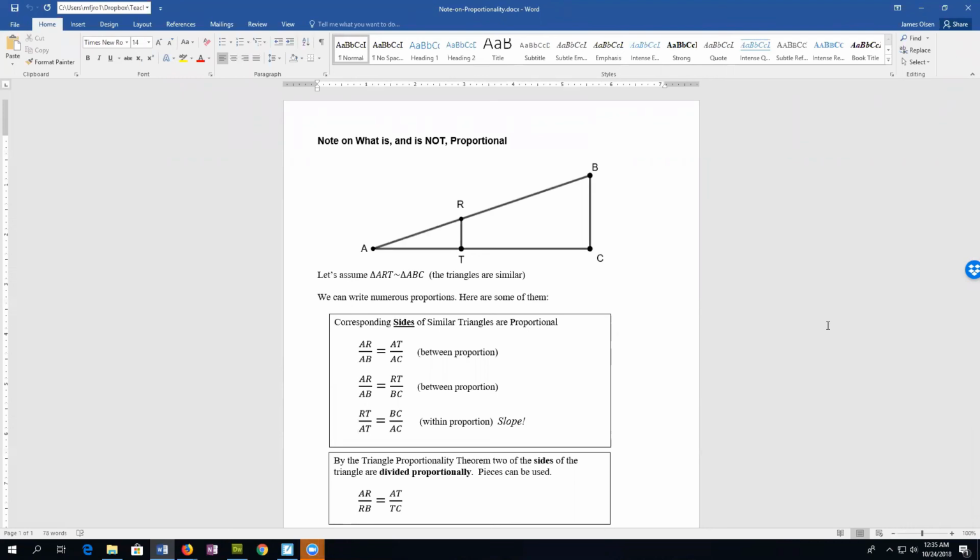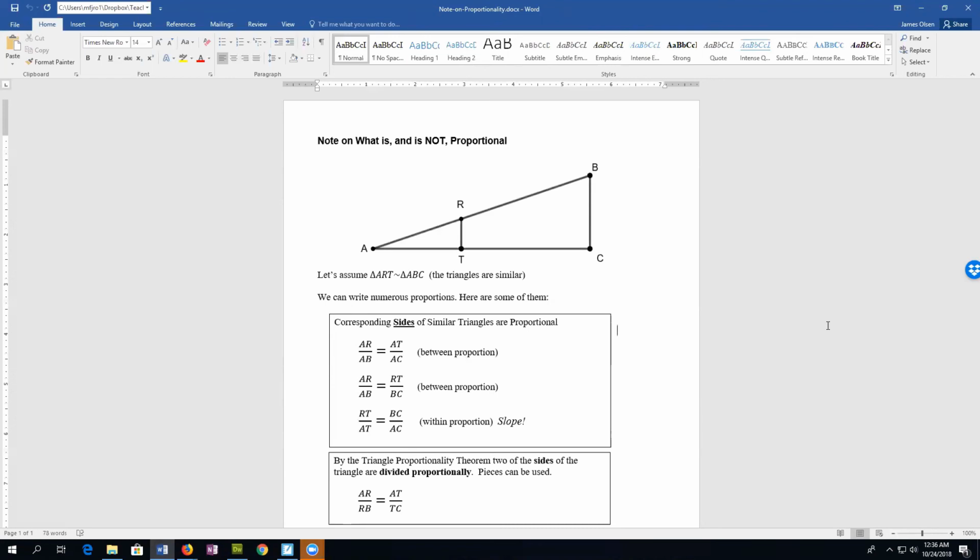Maybe we have some right angles and a common angle. That's not the point that I'd like to make now. We have lots of proportions that we can set up. First of all, in our first box, we can set up proportions using corresponding sides.